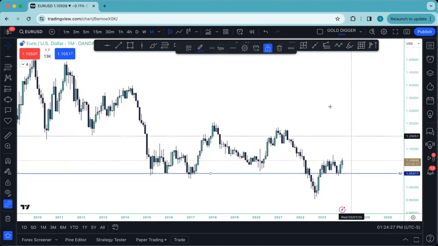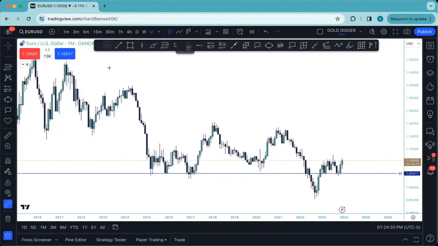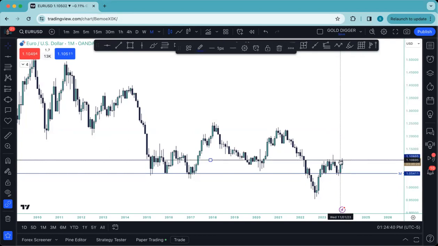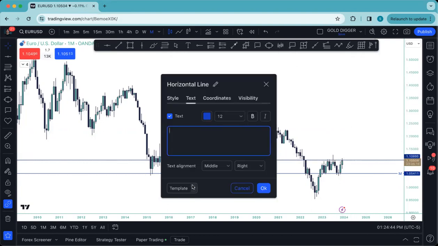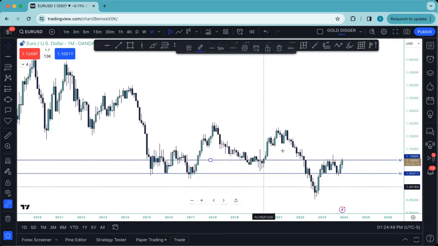It's a monthly level. And let's find the second level. Next monthly level.